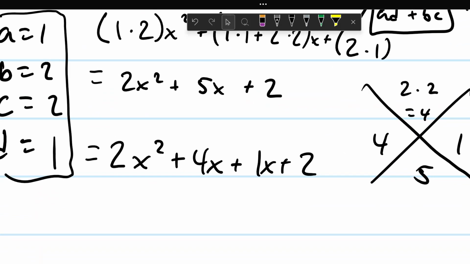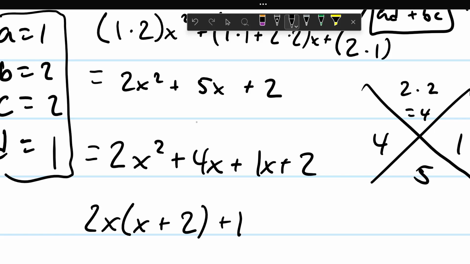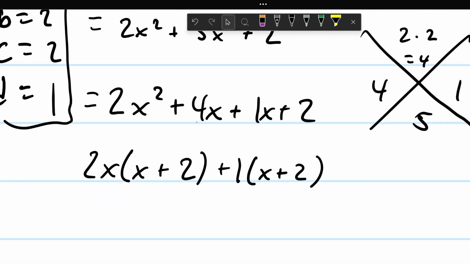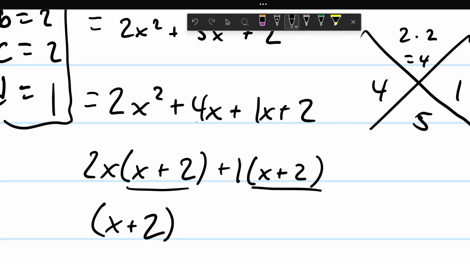So we just factor this: 2x and x plus 2, plus 1x plus 2. These are similar, and we can rewrite it as x plus 2 times 2x plus 1, and this should be our factored form.